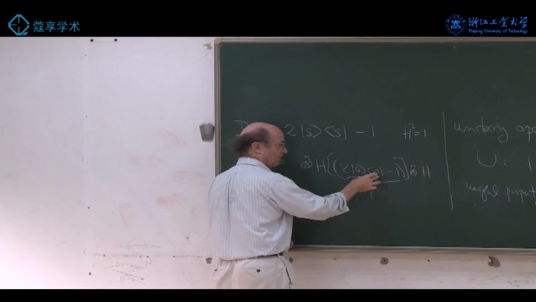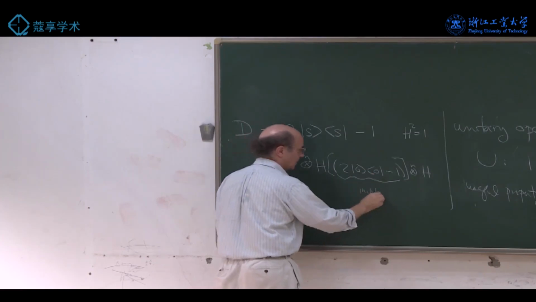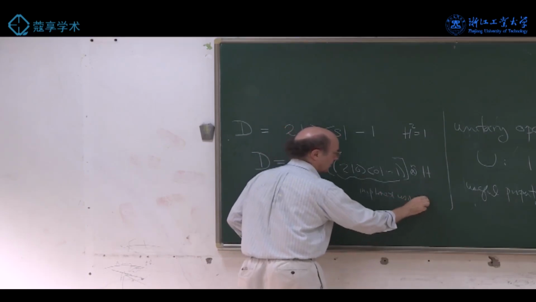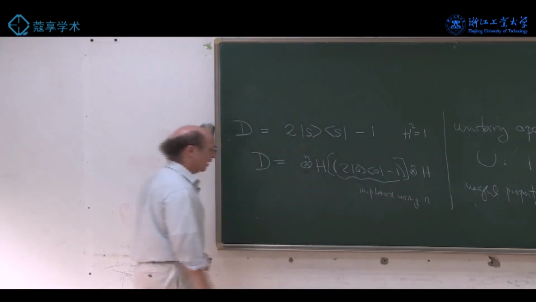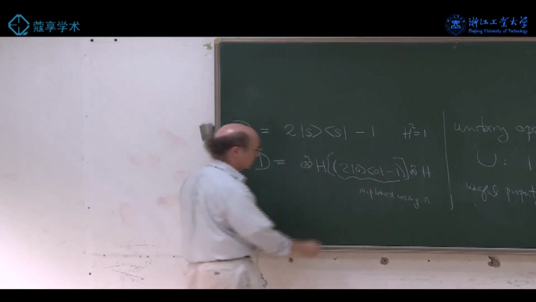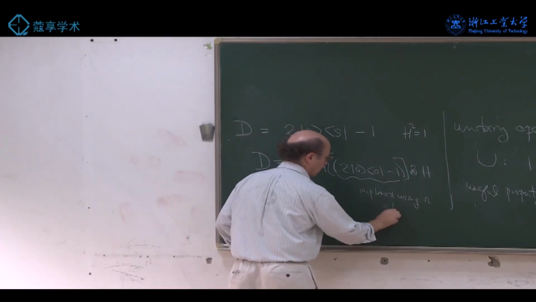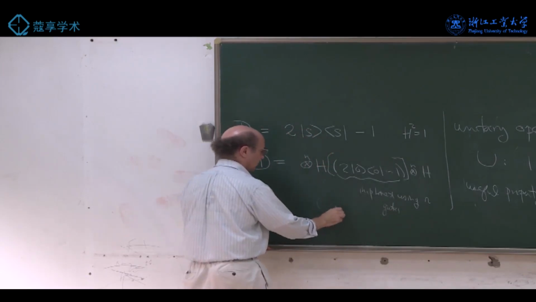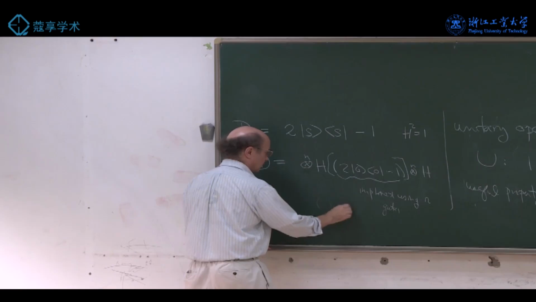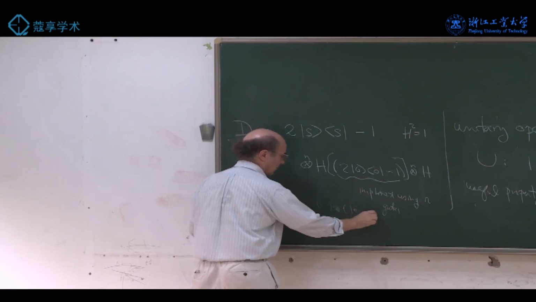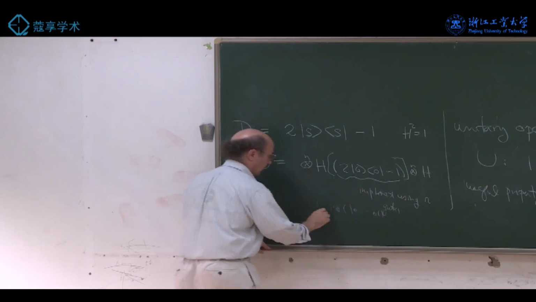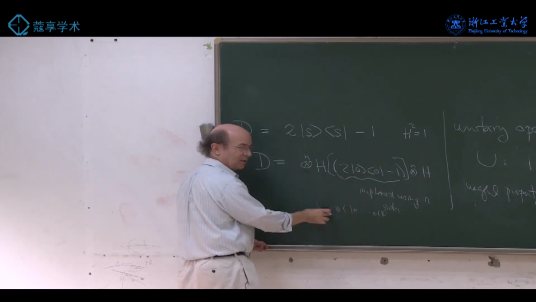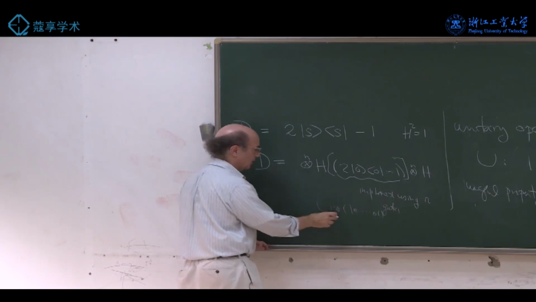So 0 is a fixed number state, remember. Using n or maybe n plus 1 gates. Because what you have to do is, on your qubits, remember you have n of them, have a gate which distinguishes whether that qubit is in the 0 state or the 1 state.